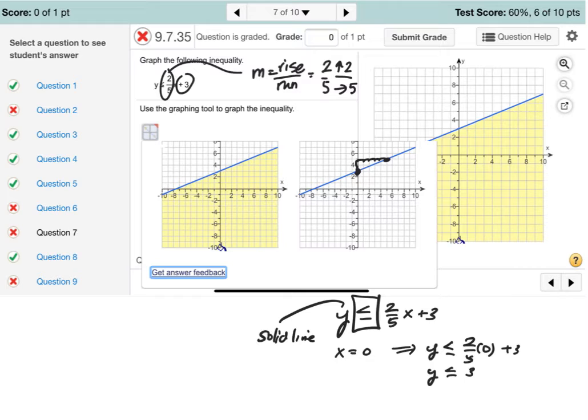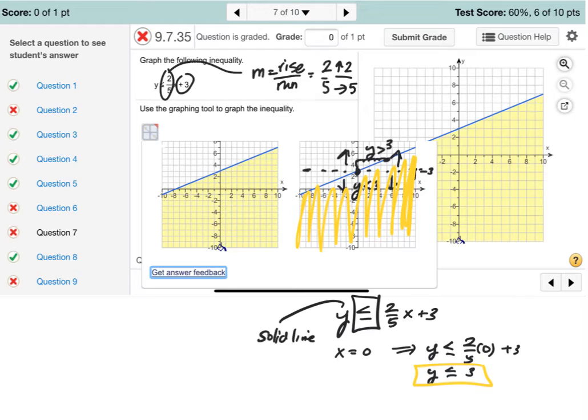If this is my line, y equals 3, y less than 3 will be all values below, y greater than 3 will be all values above. Oh, sorry, it says less than. So here we have y less than the y-intercept of 3, and we'll shade everything below. Sorry about that. Okay, so let's look at the next problem.